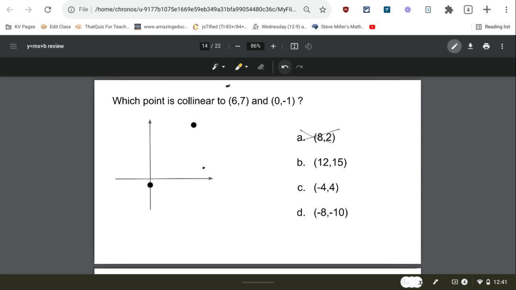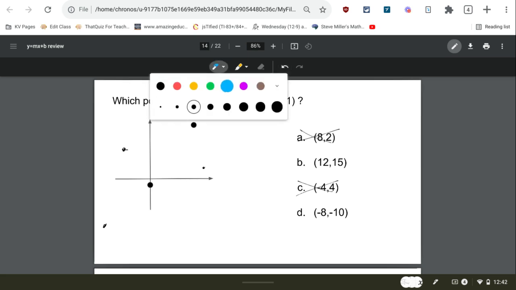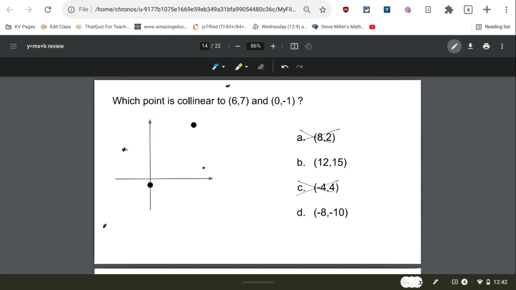That actually might be my answer. (-4, 4) would be 4 left, 4 up. That's not the right answer. And (-8, -10), negative 10. So B and D each might possibly be my answer, so we're going to have to actually find the slope here.